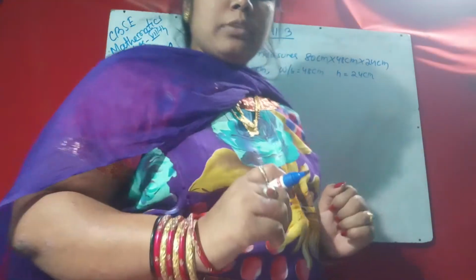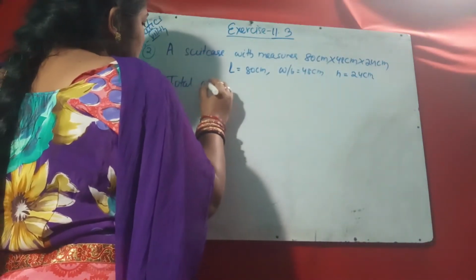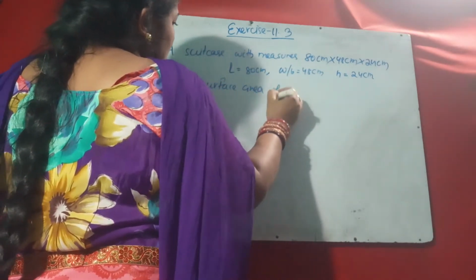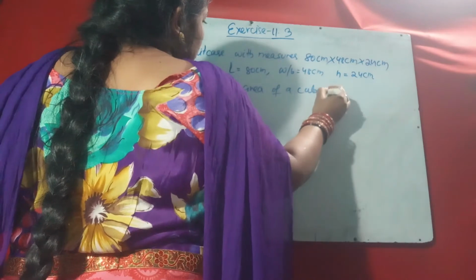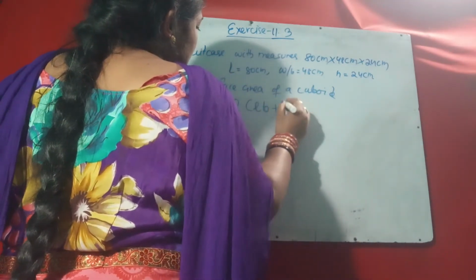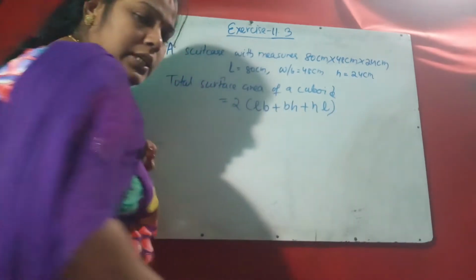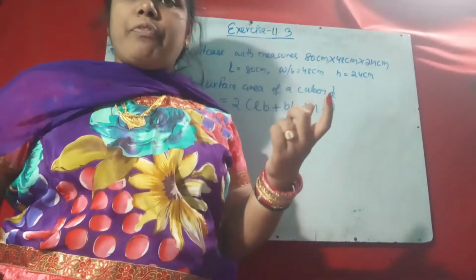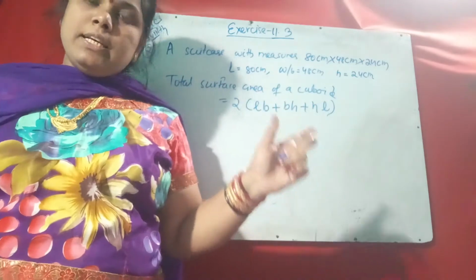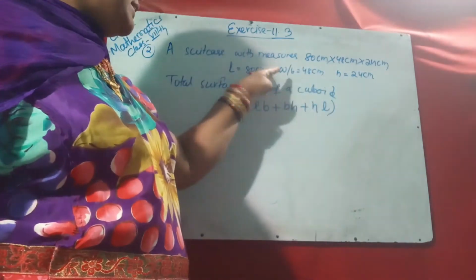The total surface area of a cuboid equals 2 into length into breadth plus breadth into height plus height into length. You know that formula.